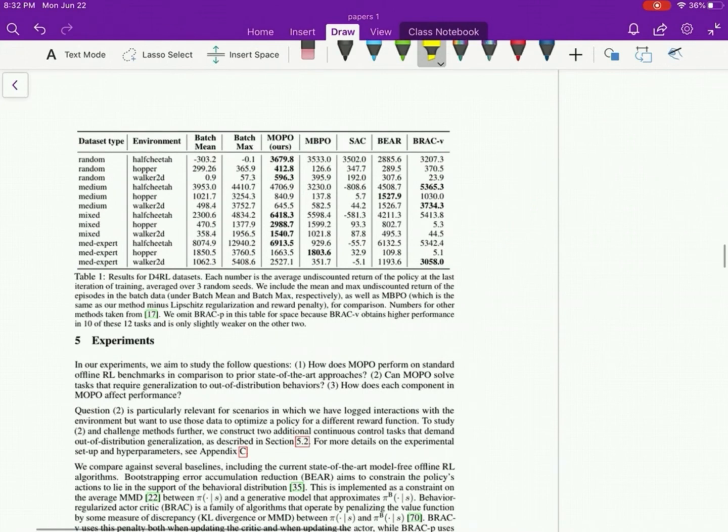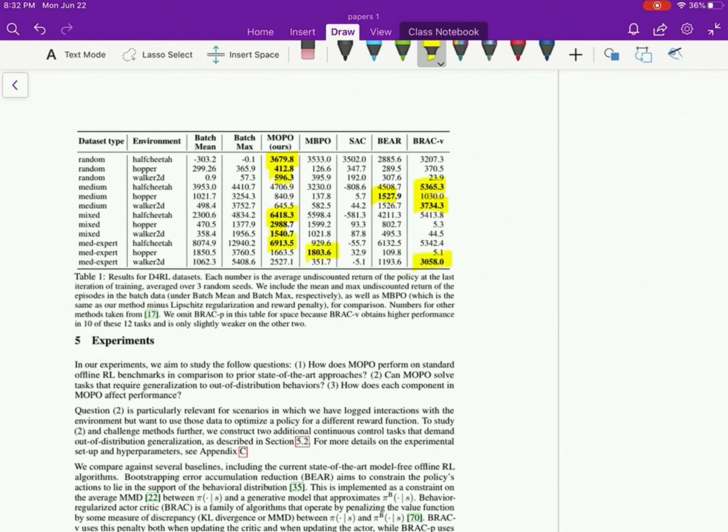So now, the experiments section. Let's see. They're denoting the best achieved algorithm by the bold letters.